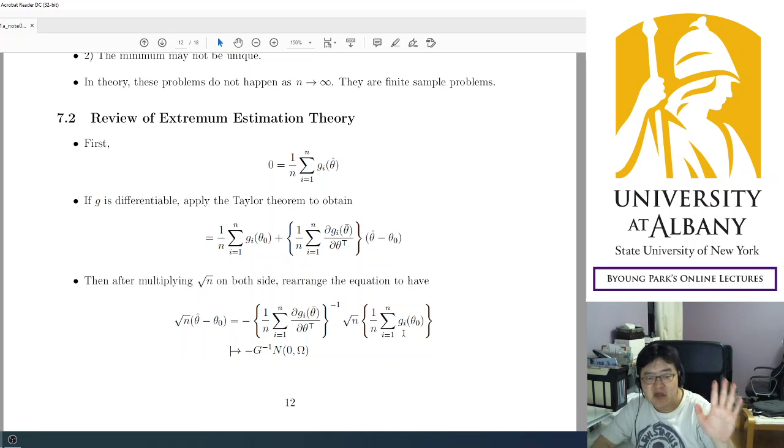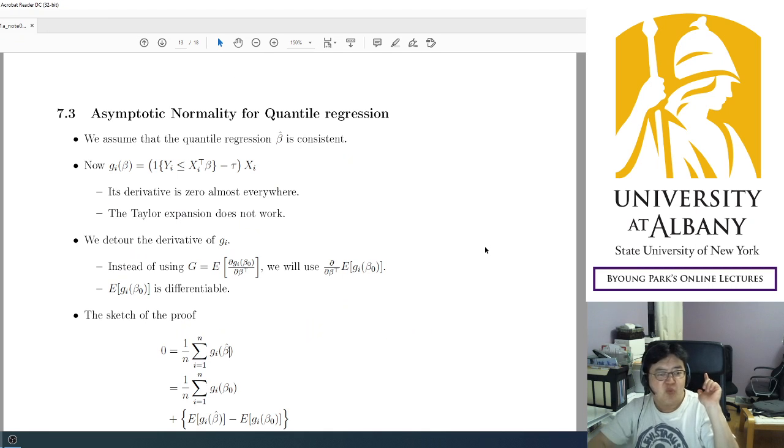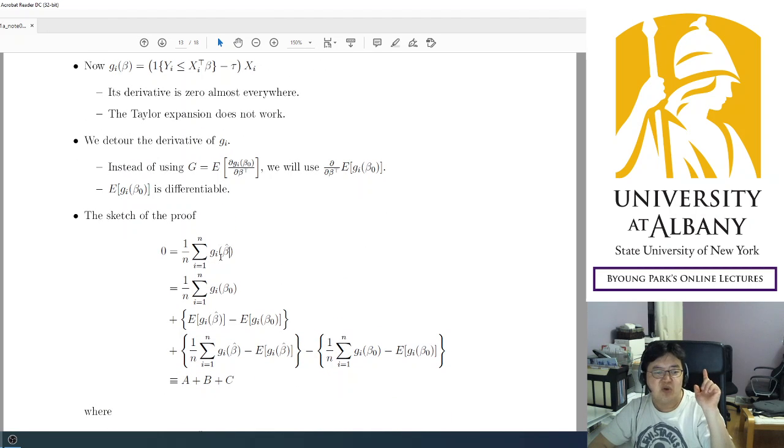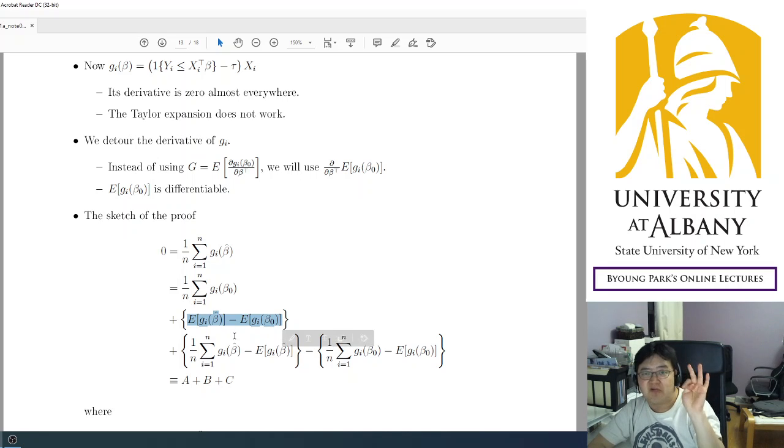So in the standard method, the linearization is the first step, and in the second step we apply the limit theorem. We take everything goes to infinity. So linearization first and limit second. But now we cannot do that. So instead we take the limit first, and then now it is differentiable, so we may linearize it. So the order is changed.